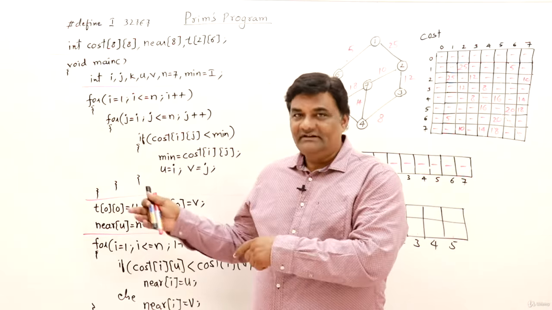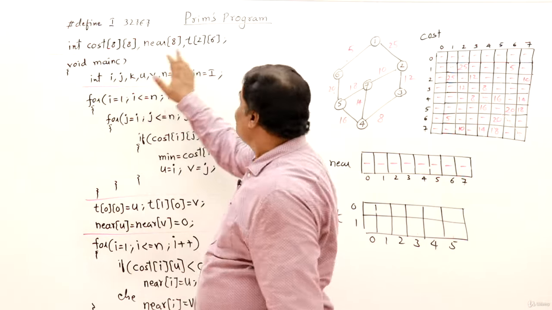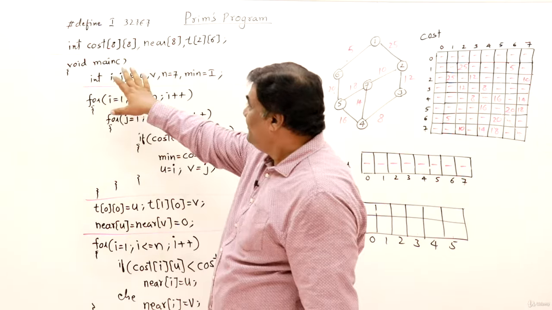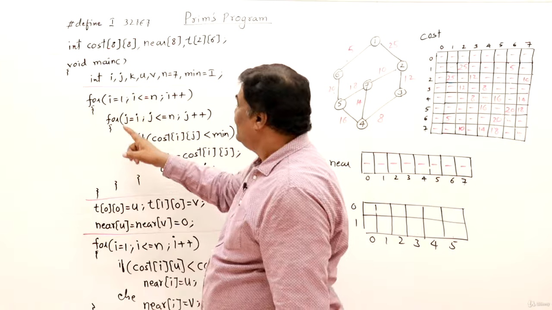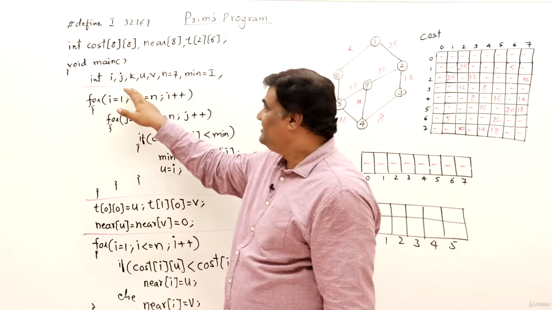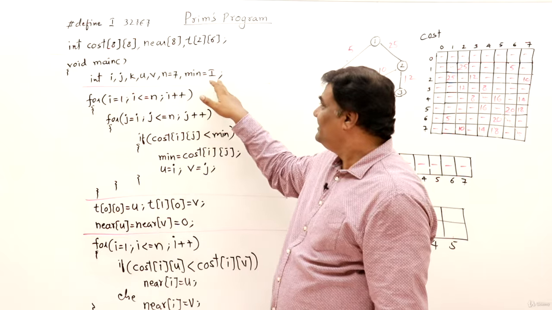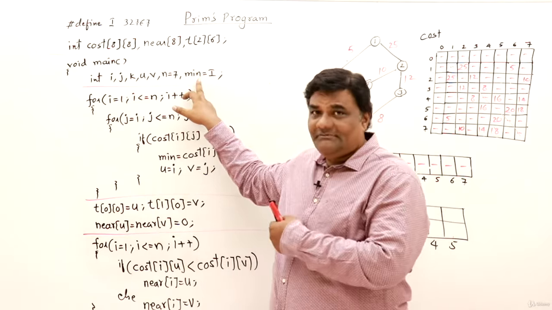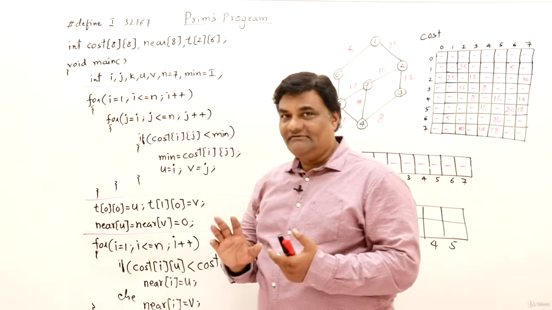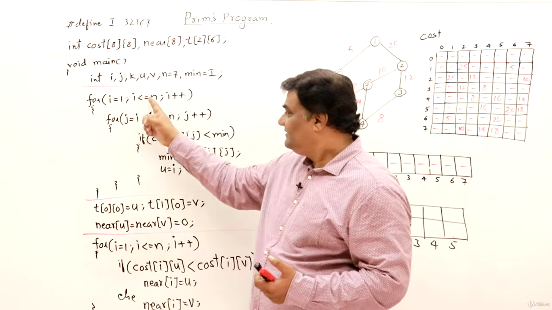All those steps I have done here. Let us see. These were the declarations and hash define that I have kept in small size. The main function is starting from here. These are the variables that I may be using in my algorithm. I have declared i, j, k, u, v, n, and min, because I have to find the minimum, right? So I am assigning it infinity as the initial value.